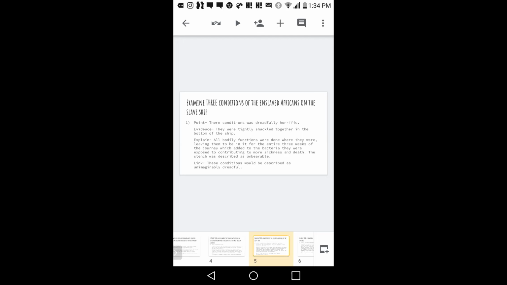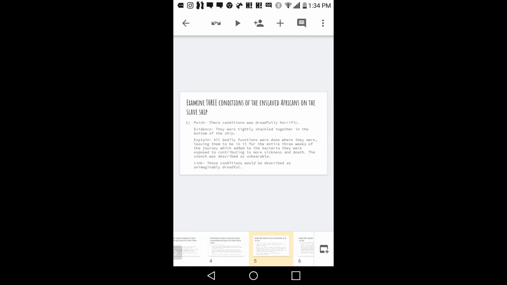All right, now there's one issue I'm having with this. You put here the point that their condition was dreadfully horrific, right? If you're going to the exam and they ask you to explain three conditions of enslaved Africans on the slave ship, all the conditions that you are going to describe are going to be dreadfully horrific.